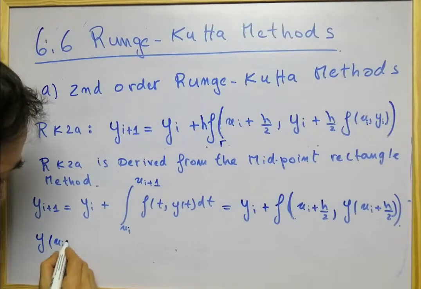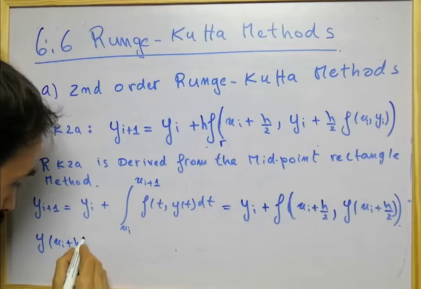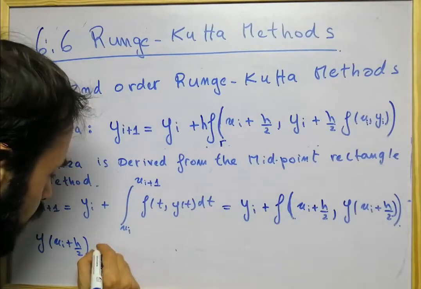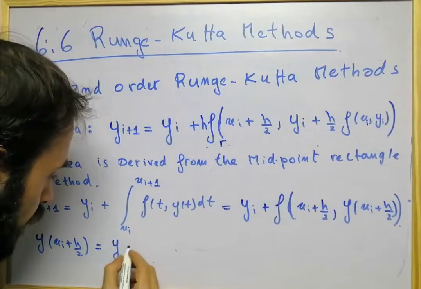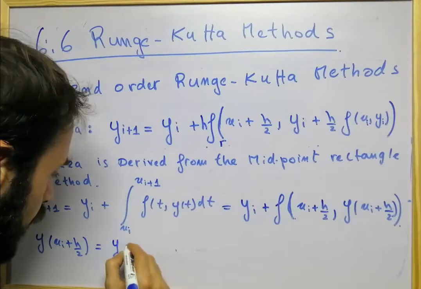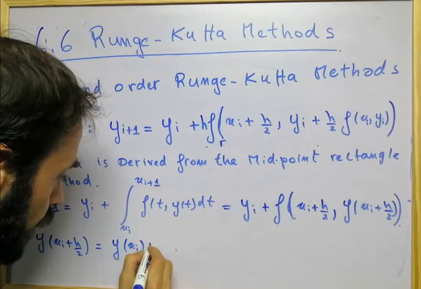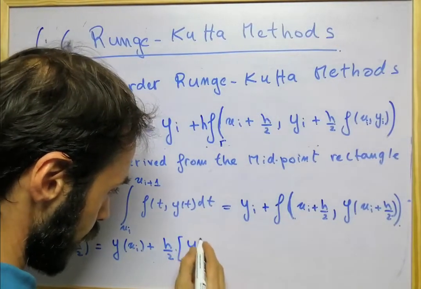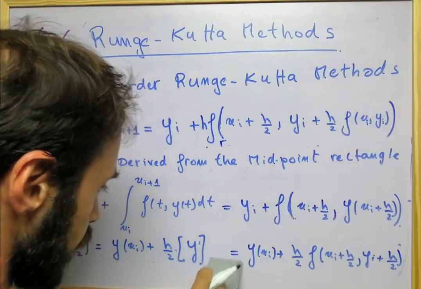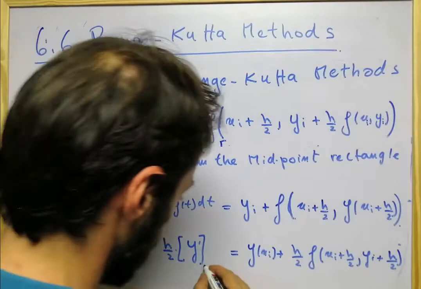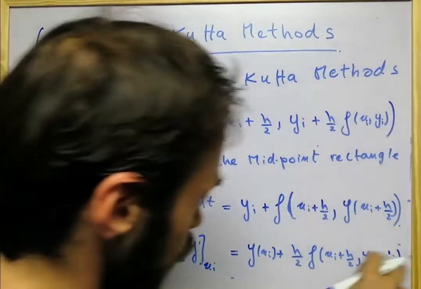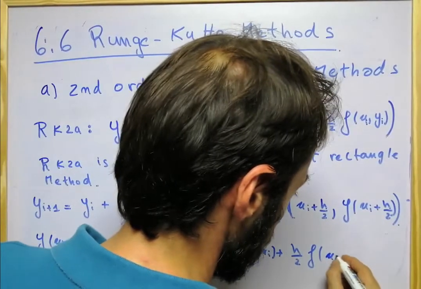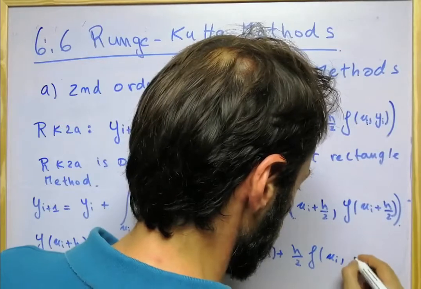Using the first order Taylor approximation, I can approximate it as y of x i plus h over 2 y prime at the point x i, so it's y i plus h over 2 f of x i, y i.